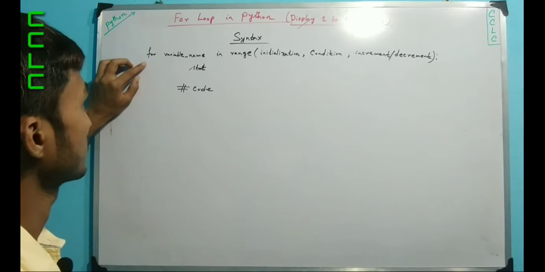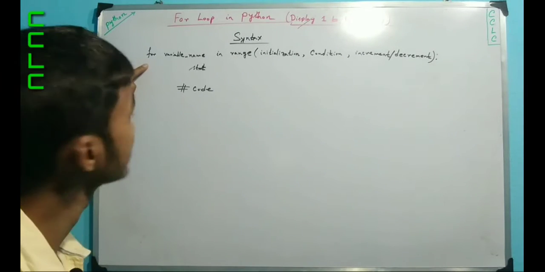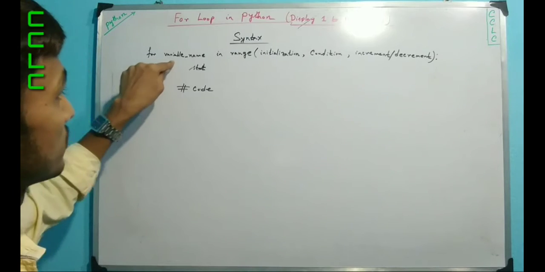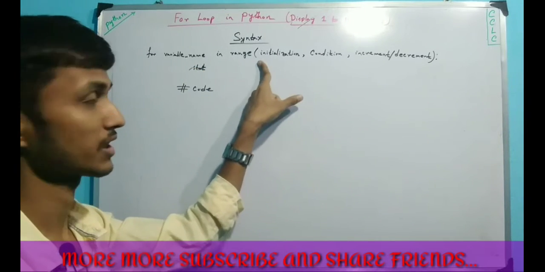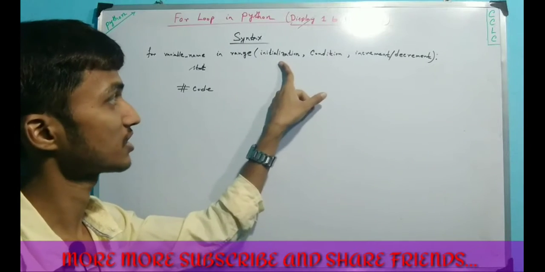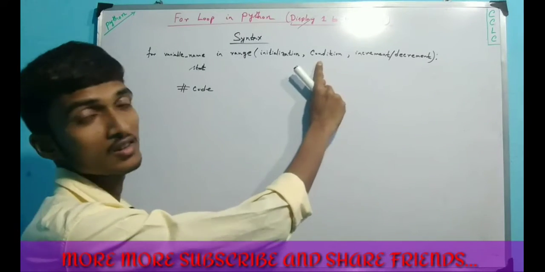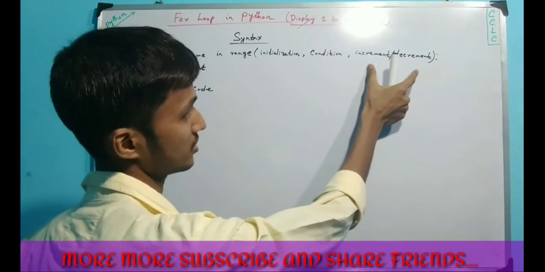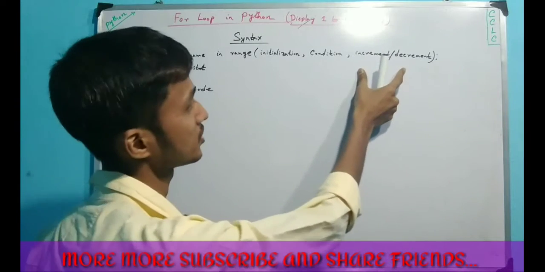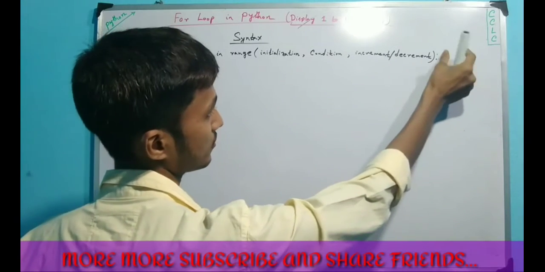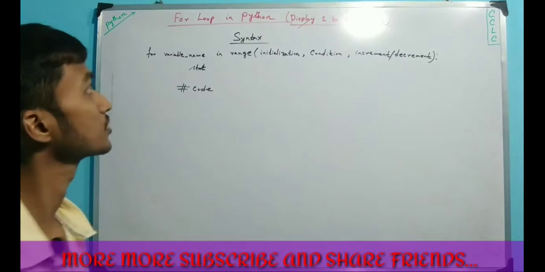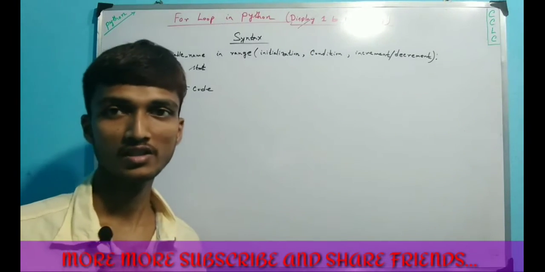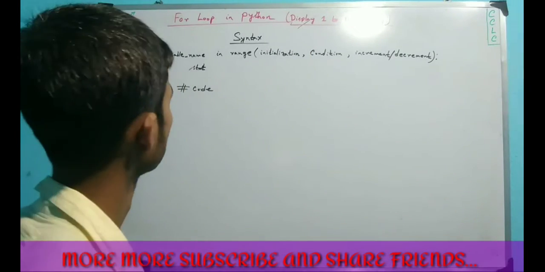The for loop syntax is: for variable name in range, open bracket, initialization, then condition, then increment or decrement, or step value we say, then close bracket, colon, then statement print. So display 1 to 10 serially.